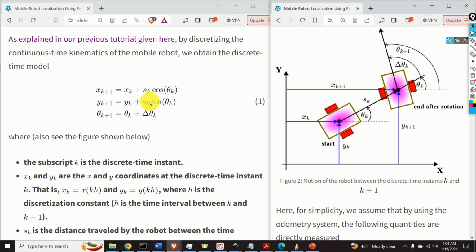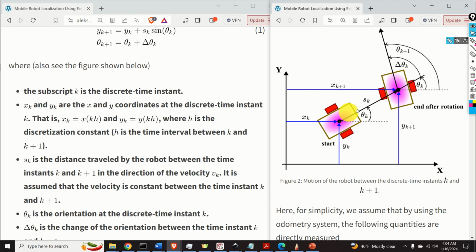Sk, shown over here, is the distance traveled by the robot between the time instant k and the time instant k plus 1. This distance is actually in the direction of the instantaneous velocity vk. Vk is assumed to be constant between the time instant k and the time instant k plus 1. Theta k is the orientation at the discrete time instant k.